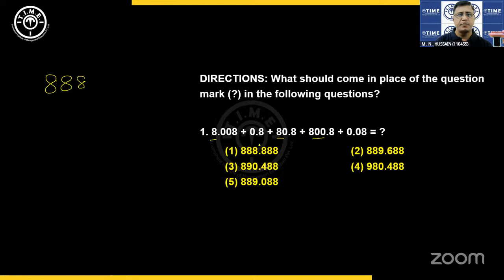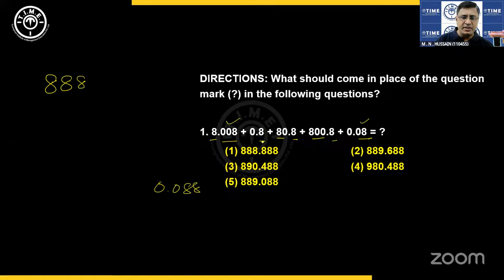By adding all the integers, that is, before the decimal part. After the decimal, what we have? 0.008, 0.08, and 0.8. Adding 0.08 and 0.008, it will give 0.088. Am I right? By adding these two parts.